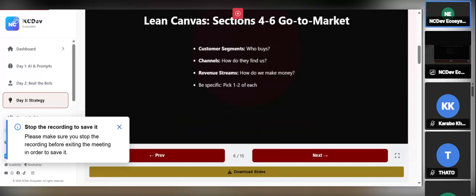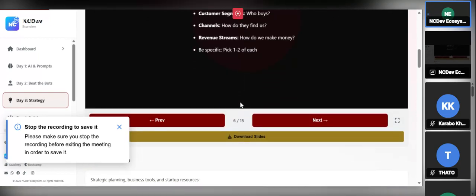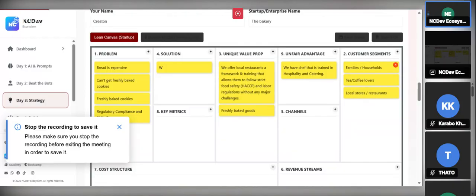And you must be specific, pick one or two, like we said. Customer segments we need to be specific. So now after four, we're done with the solution. We've identified the solution. The next step would be the channels. What channels do we use?